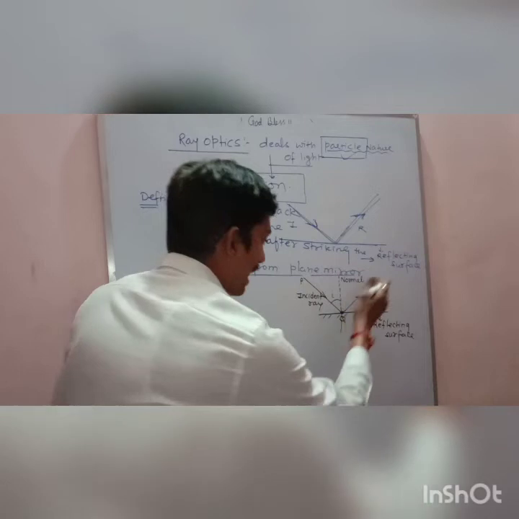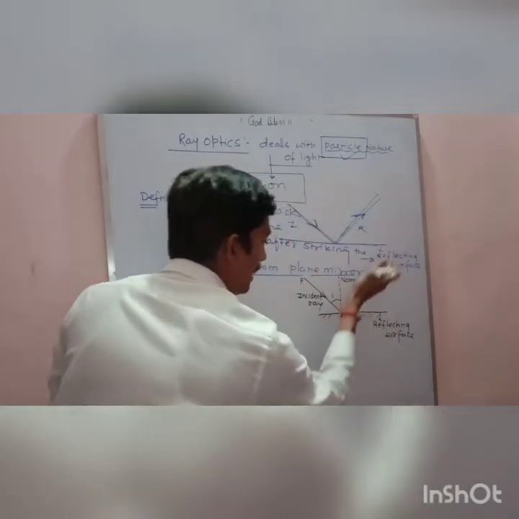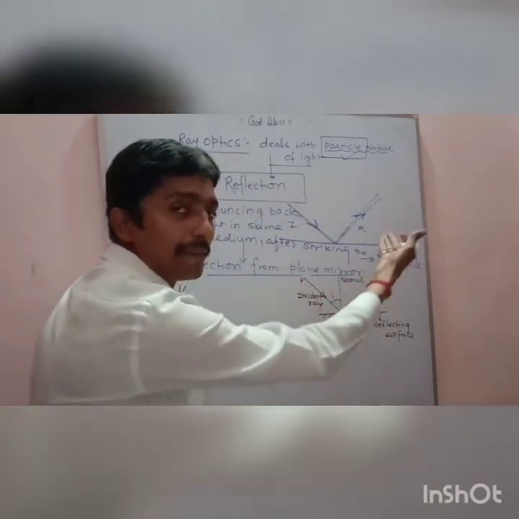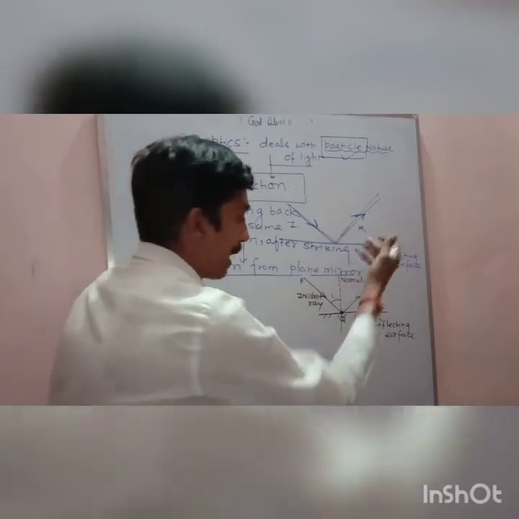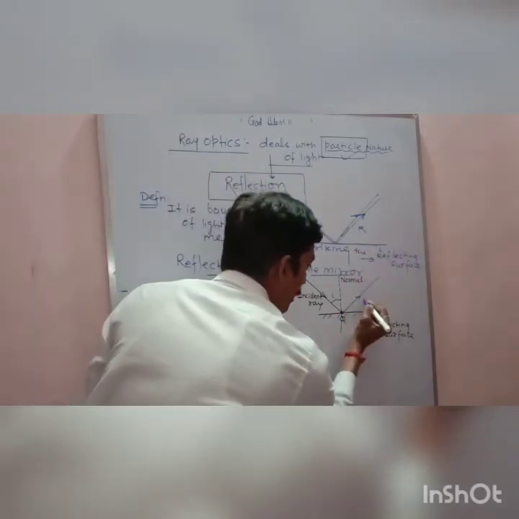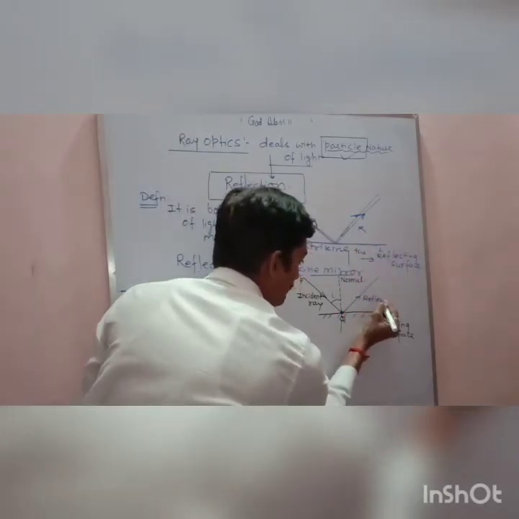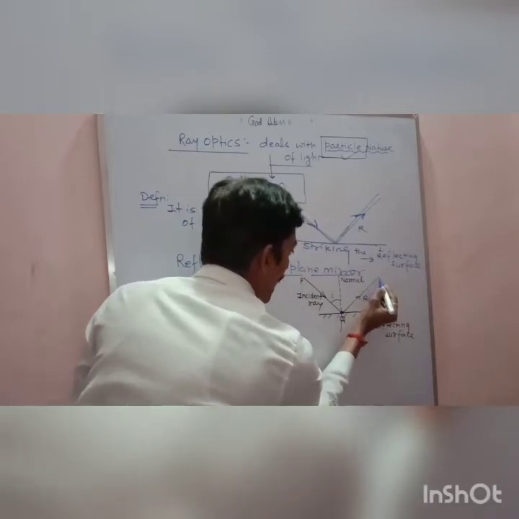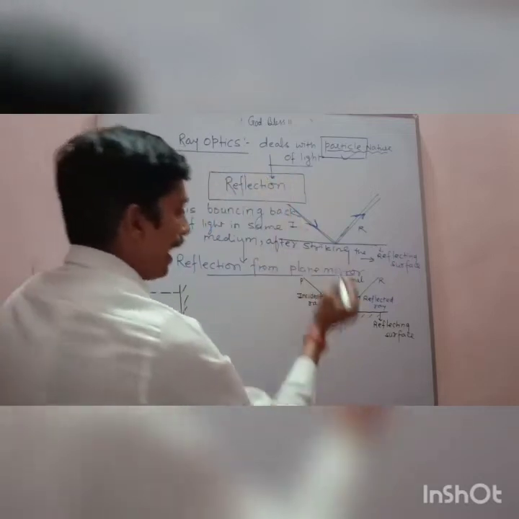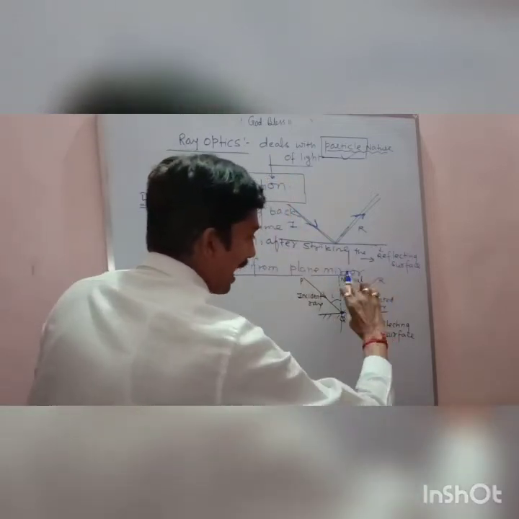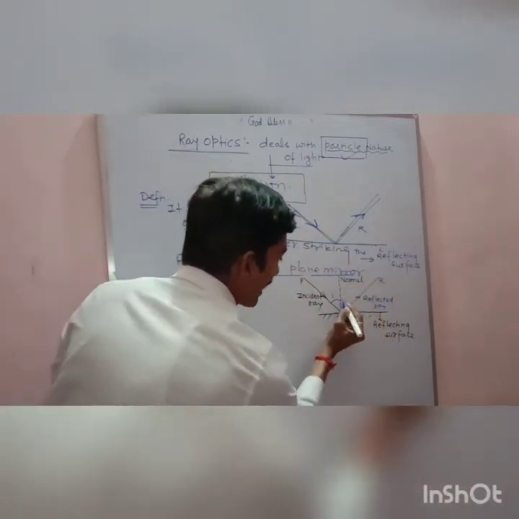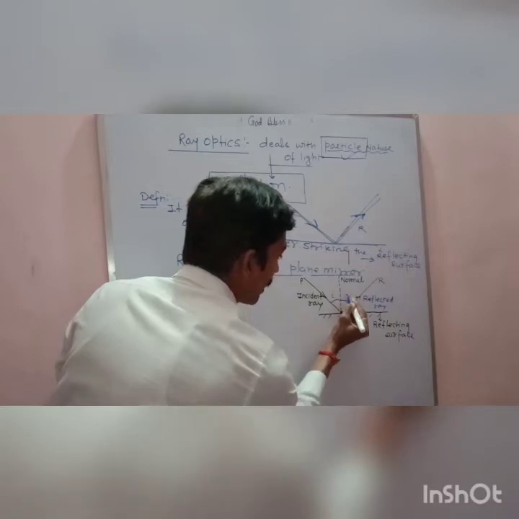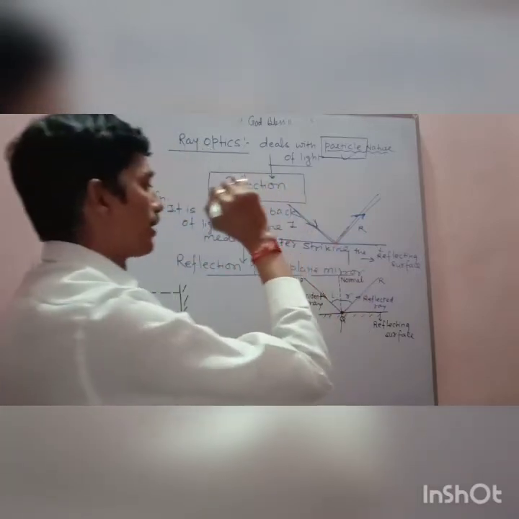So it is reflected back in the same medium, from where the light came, in the same medium it reflected back, it bounces back, and this ray is called the reflected ray, denoted by say QR in my diagram. So the reflected ray and normal will make another angle called angle of reflection, denoted by R.